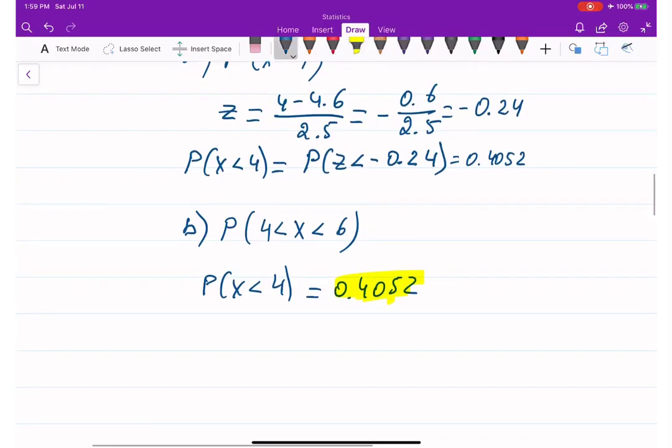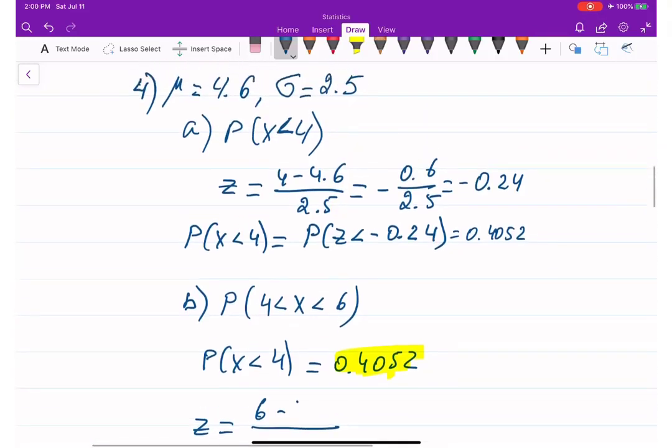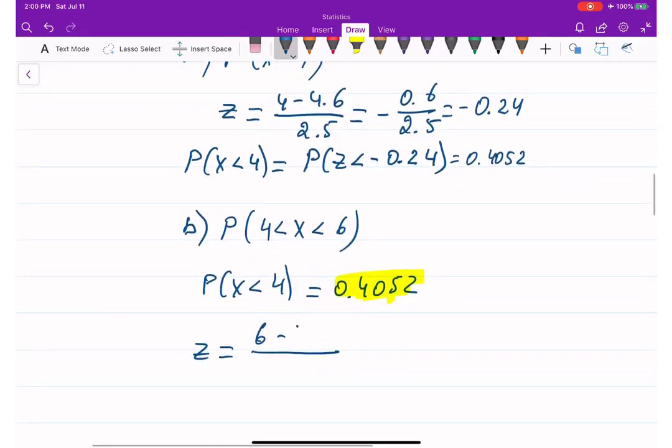Next, we are going to do less than 6. So z is equal to 6 minus, how much was mu? 4.6, divided by 2.5.